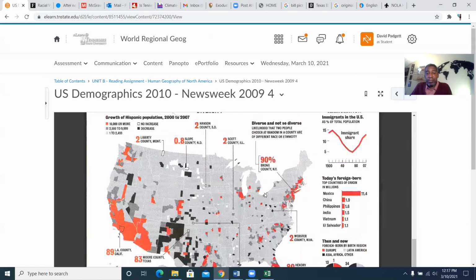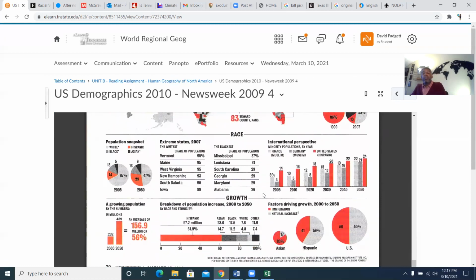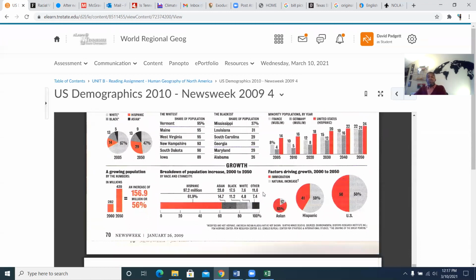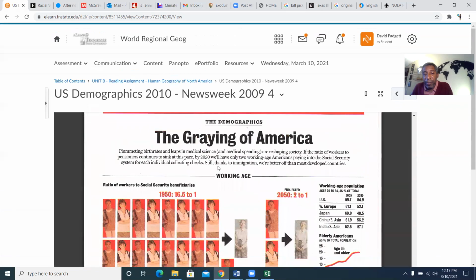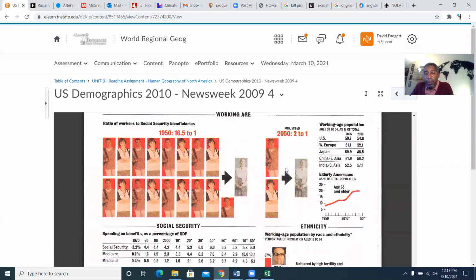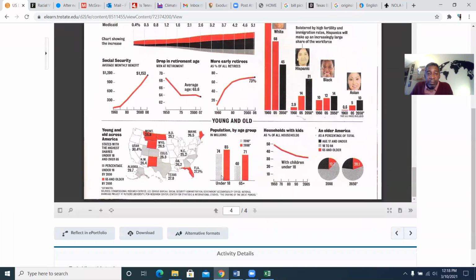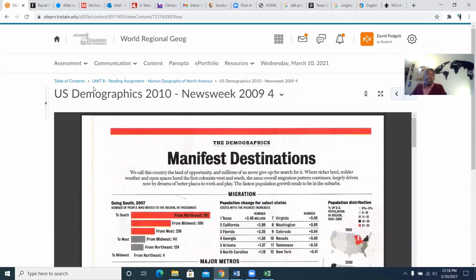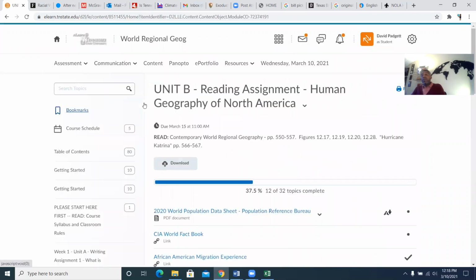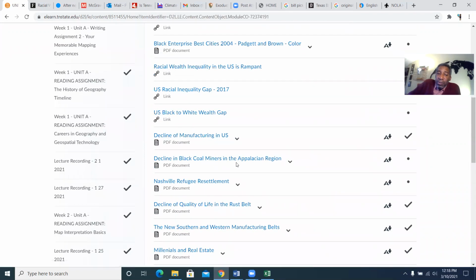Very interesting data that we see here in this Newsweek article about the demographics of the United States. Our population is getting older, as I mentioned, with less and less young people. So all these variables are important aspects of studying demographics, formulating policy, and so on and so forth.